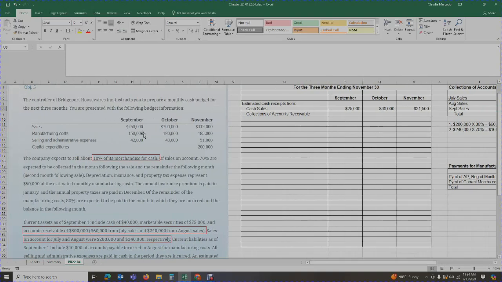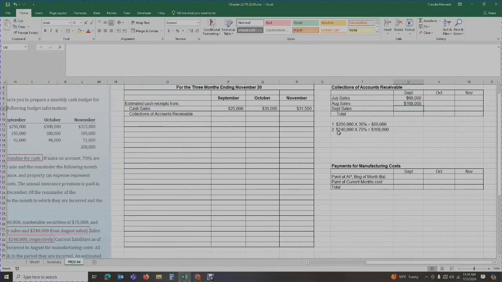So now we're going to move on. Now, for those $240,000 of the sales in August, let's continue with that data. We've got $240,000. 70% was going to be collected in September, and then the rest, 30%, is going to be collected in October.